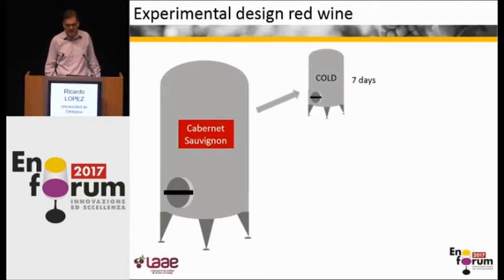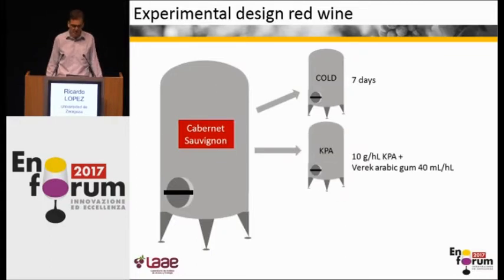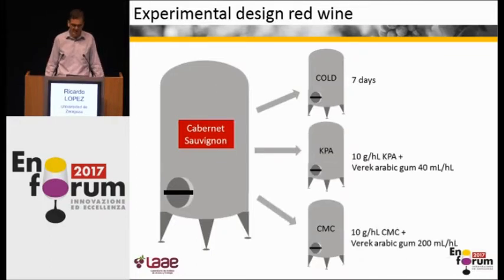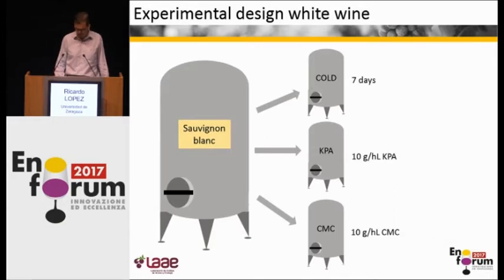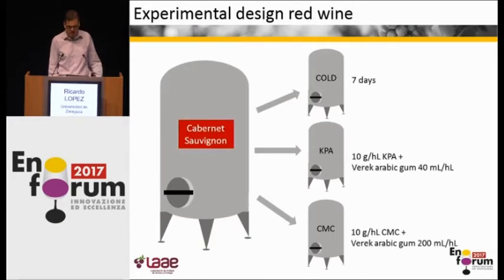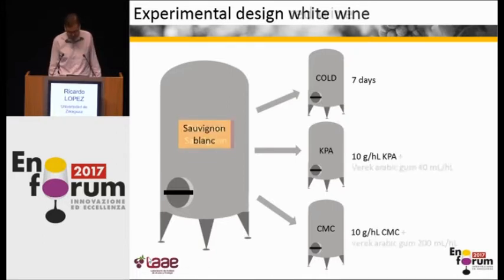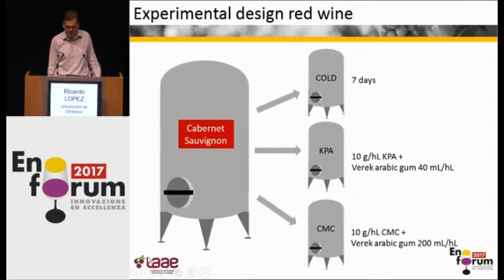Okay, I said the experimental setup. I don't know why it's working like this. Sorry, I don't touch anything and it's moving. I'm going to do it fast to be on time with this.